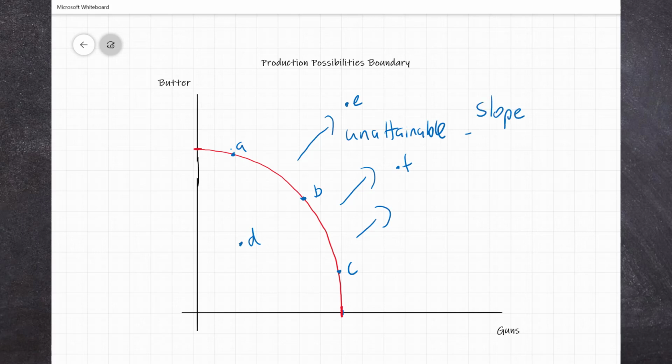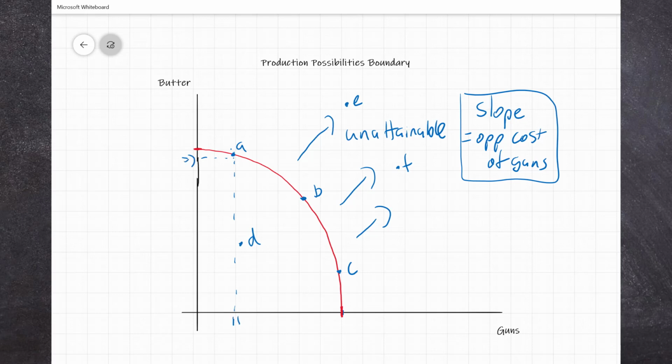The slope equals the opportunity cost of guns. And let's start looking at what the bow-shaped nature of this production possibility boundary means. Well, at point A, we're producing a lot of butter, this much butter right here, and just a little bit of guns.